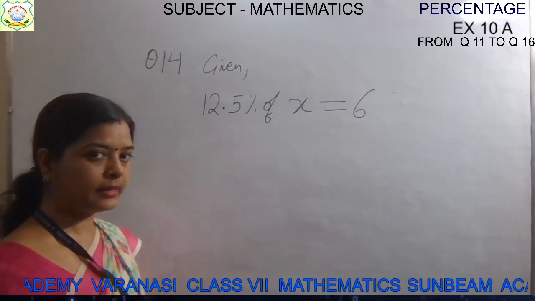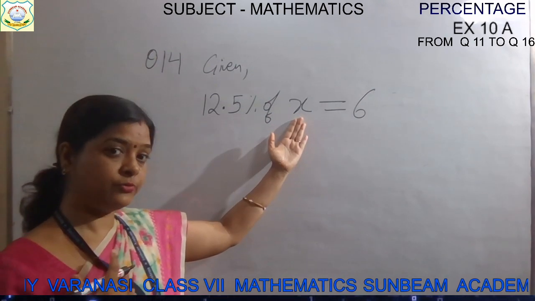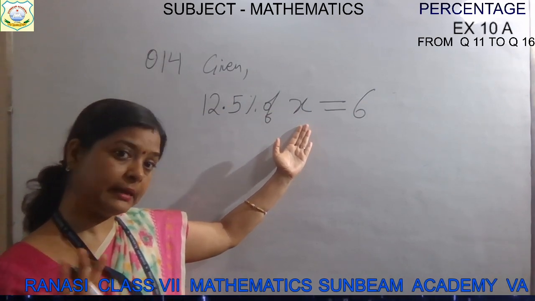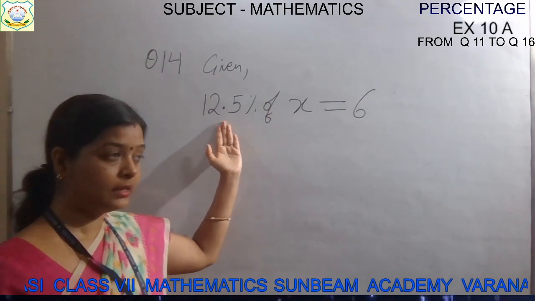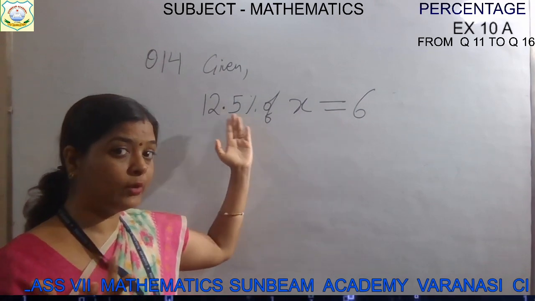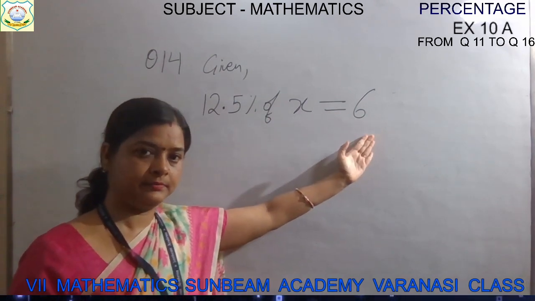Clear? They have given us a clue that there is a value which we don't know, that is x. And whose 12.5% is how much? What is the value of 12.5% of x? It is 6. Clear?